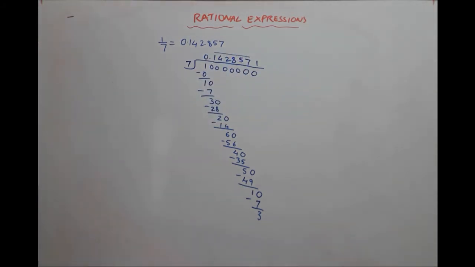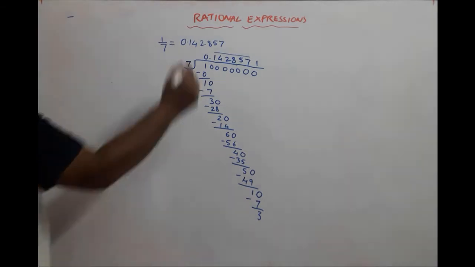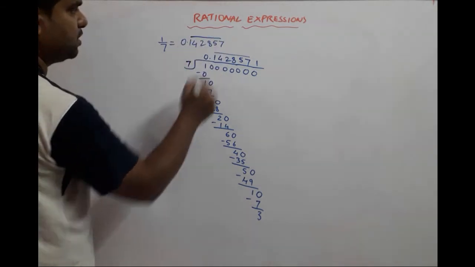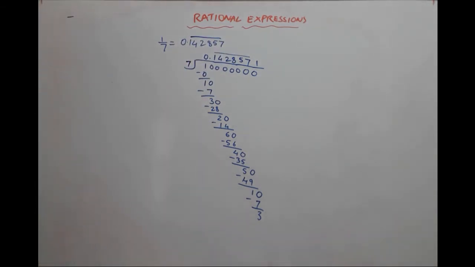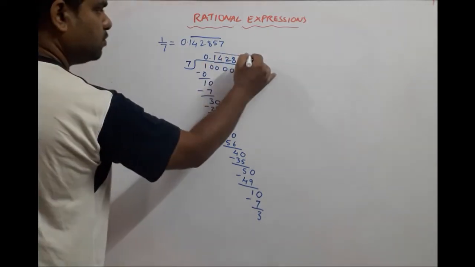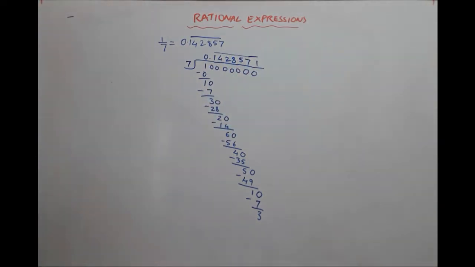So 1 upon 7 we get as 0.142857 and it is repeating, and this is supposed to be a bar which I have not put over there. There's a bar which means that it is repeating 0.142857. This is repeating over here.